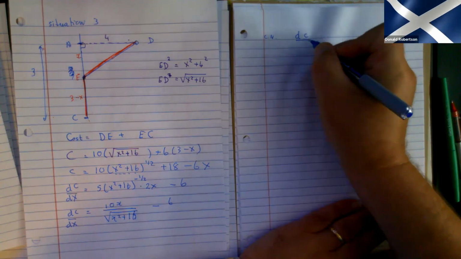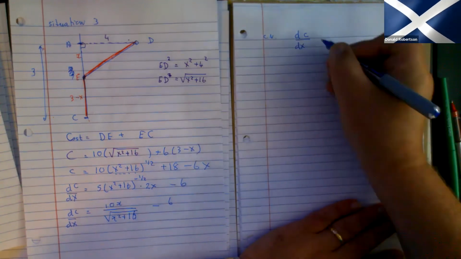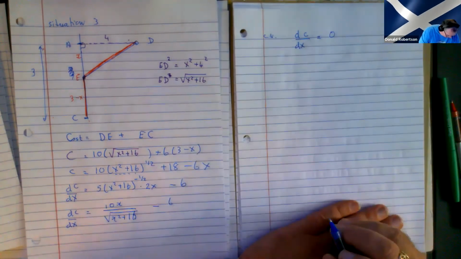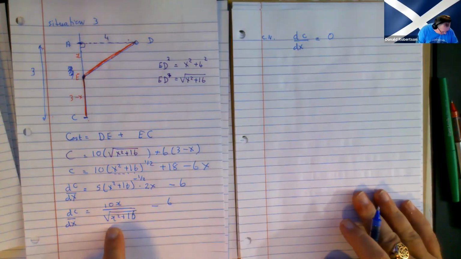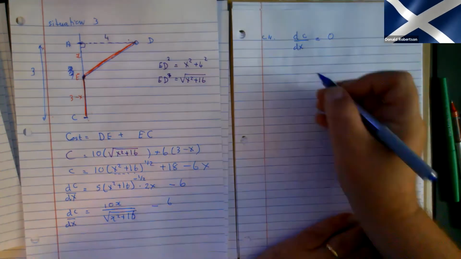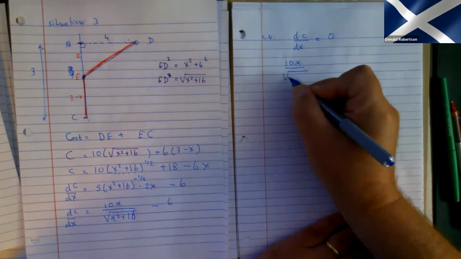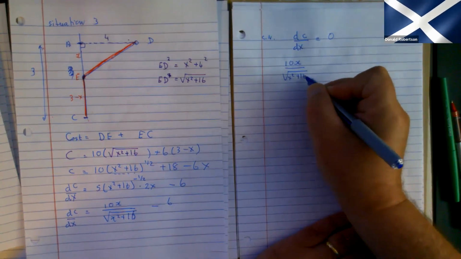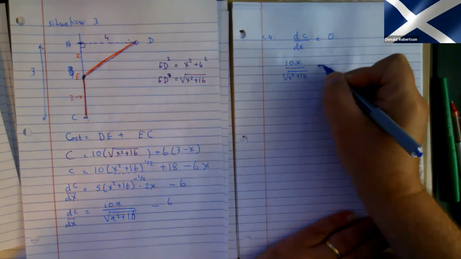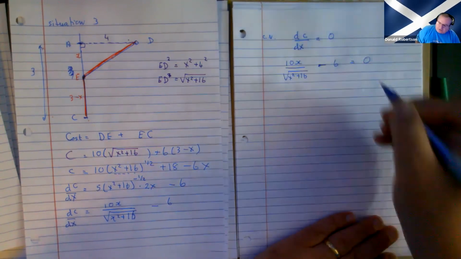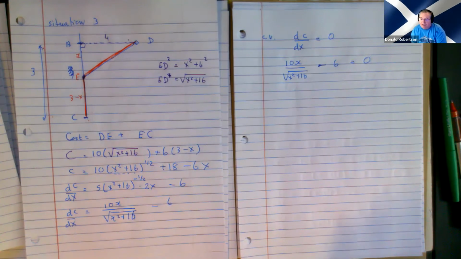We want to find when our derivative is 0. I know it's not going to be undefined just looking at it. So we are trying to solve that guy. Something really interesting is going to be coming up here.